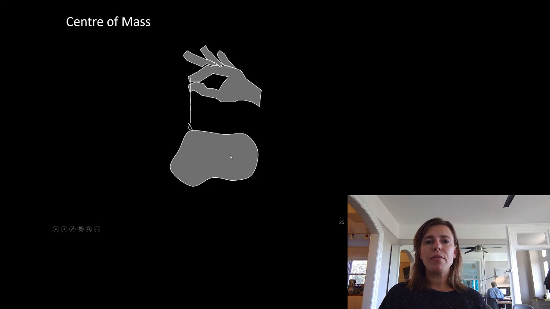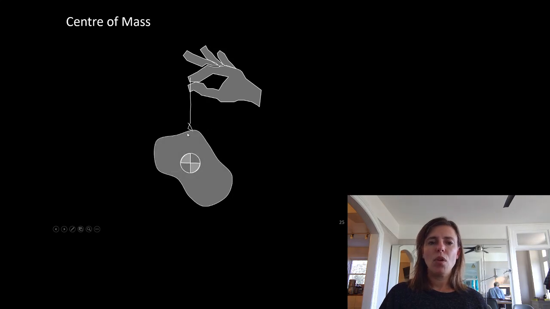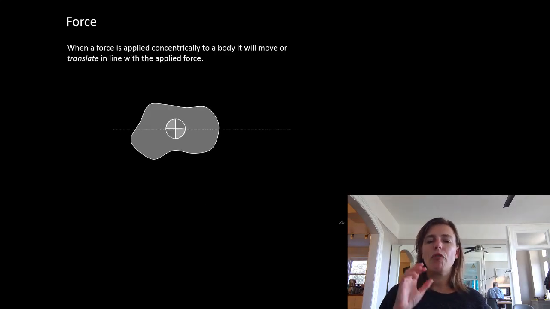What happens if our centroid is over here, but we hang our object over here? It's going to fall in place until we have a neutral axis passing through our centroid. This thing moves. There's nothing keeping it from moving into that position.